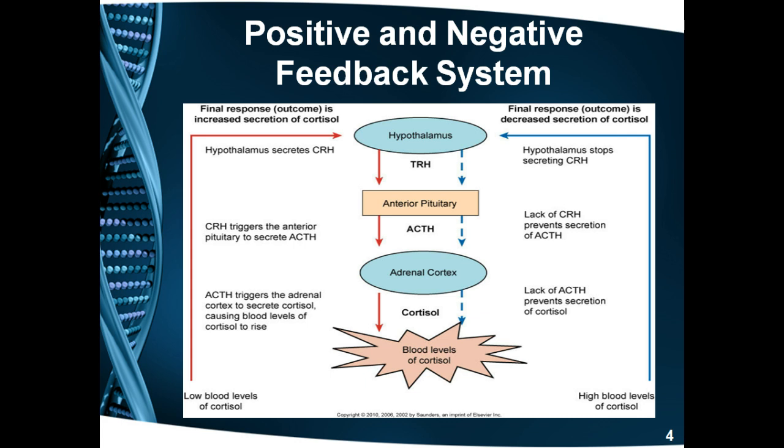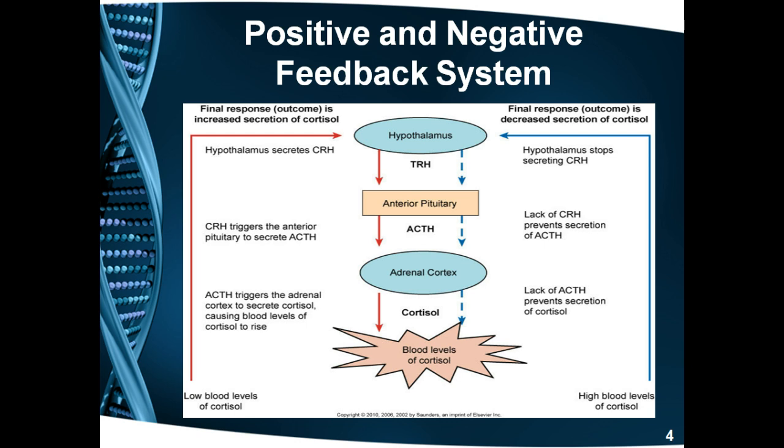The corticotropin releasing hormone stimulates the anterior pituitary gland, and the anterior pituitary gland secretes the adrenocorticotropic hormone. Then, as a result, the adrenocorticotropic hormone triggers the release of cortisol from the adrenal cortex.